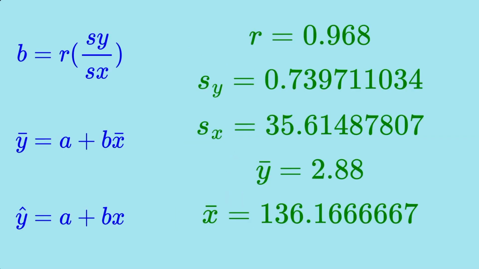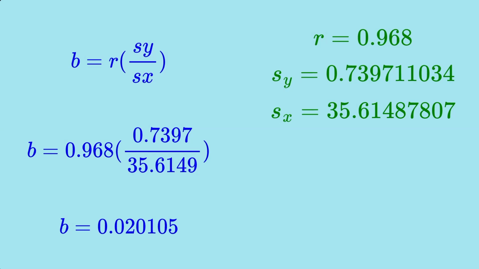Let's look at how we could have calculated the LSRL line for our pollinator and crop yield data. For our pollinator data, we have the following values. First, we can calculate the slope of the line using the formula b equals r times the ratio of the standard deviation of y over the standard deviation of x.